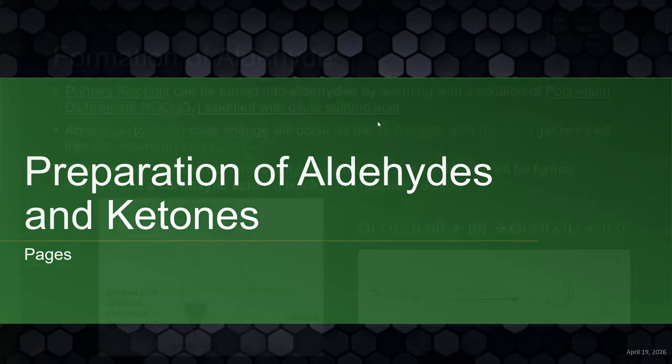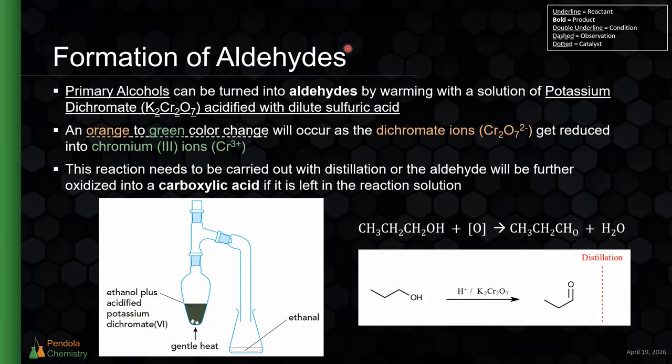So let's get started. The way in which we create aldehydes is by the oxidation of primary alcohols. In chapter 17, we looked at how if we grab a primary alcohol and we oxidize it, this could either be with potassium dichromate or the other oxidizing agent, which is not mentioned here, but would also work, being potassium permanganate.